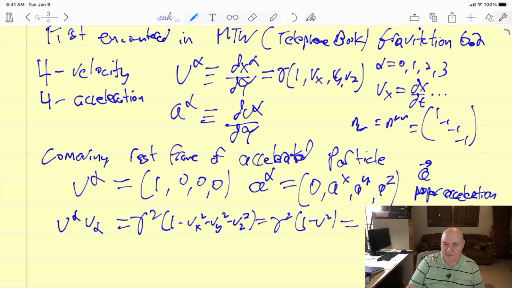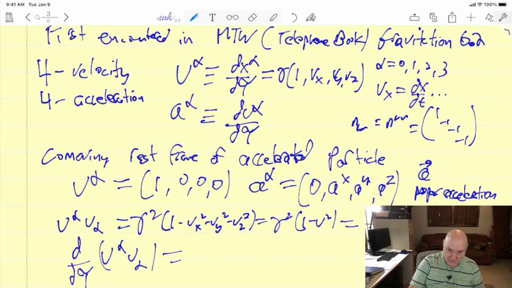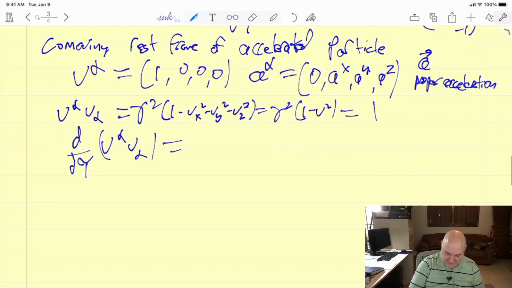If you're using the other metric, it would have magnitude minus 1. That's one of the reasons why I prefer this metric. And that leads to a nice equation. Because if we take the derivative with respect to proper time of u alpha u alpha, we're going to get du alpha d tau times u alpha plus u alpha du alpha d tau.